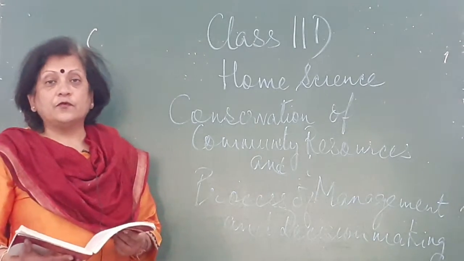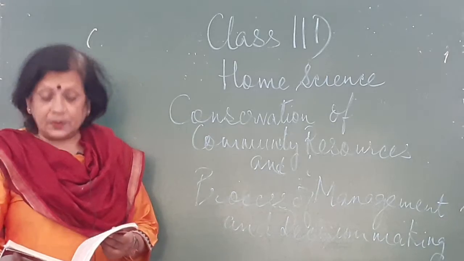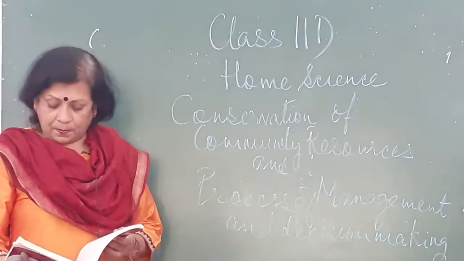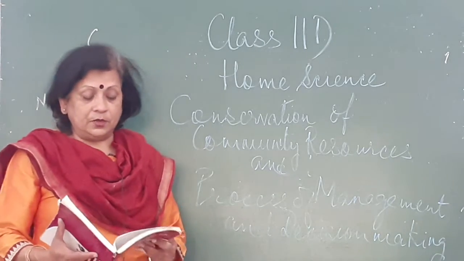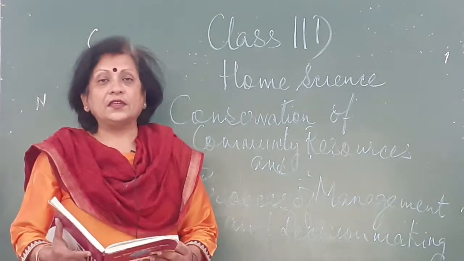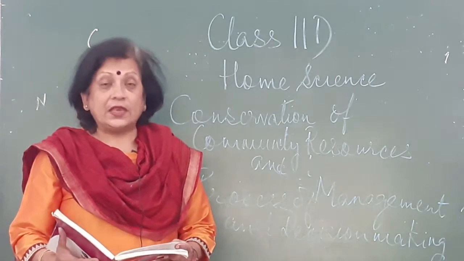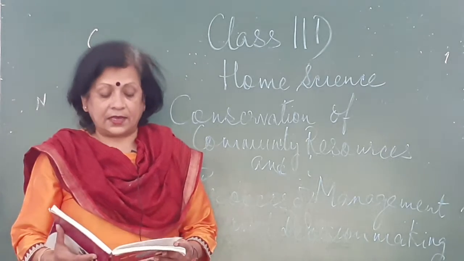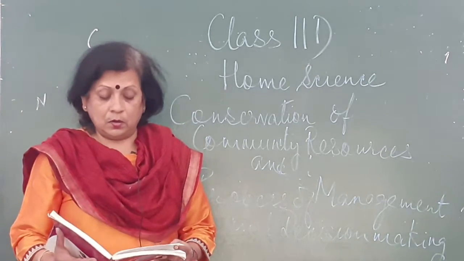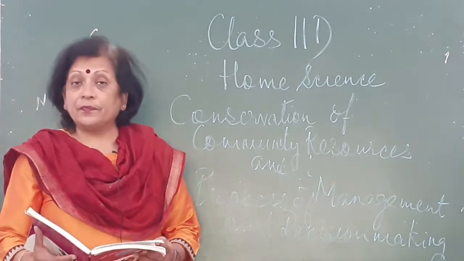The first one is fuel. It is a material capable of producing heat or power, which is needed by everyone in the community. Fuel is of different types. We can get energy or heat from cow dung cake, coal, and wood, which are generally used in the rural sector.